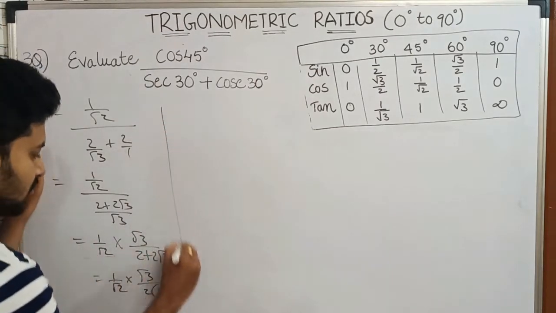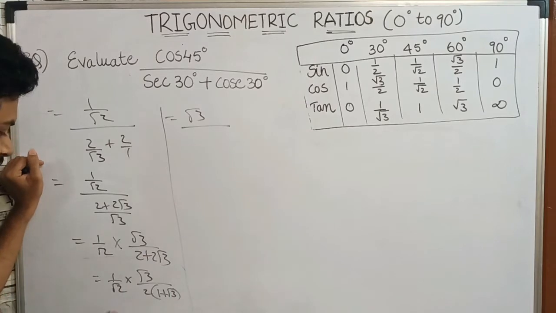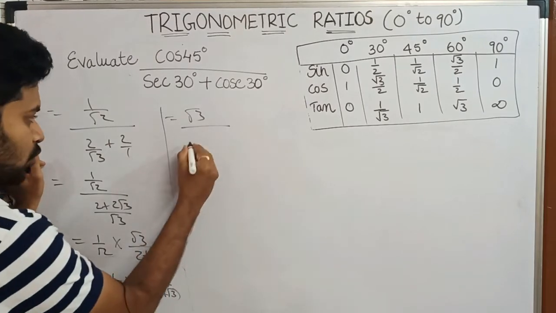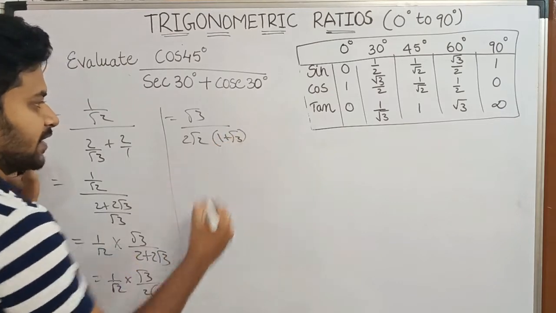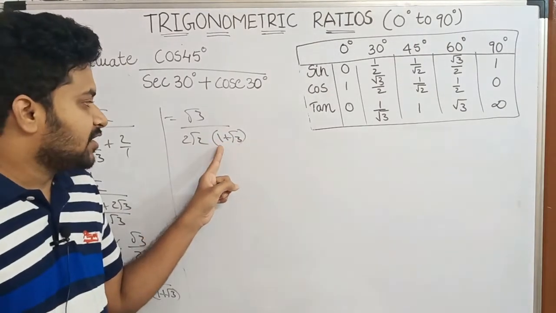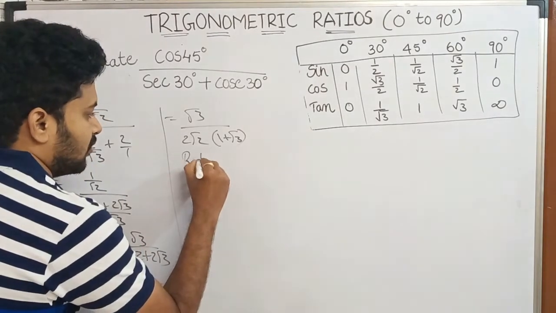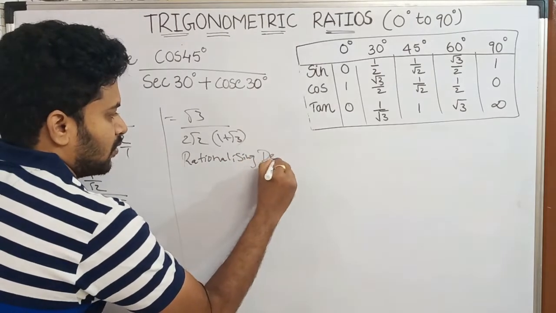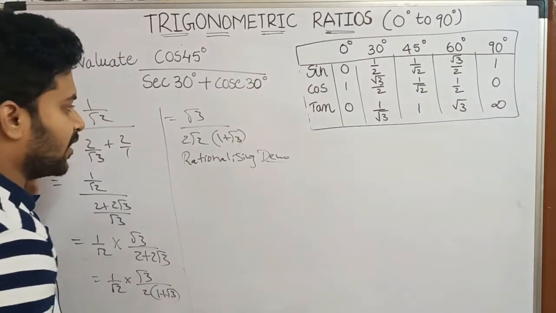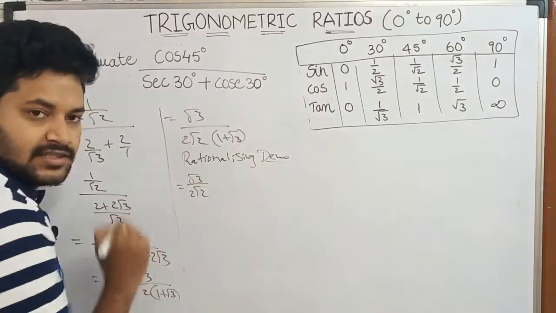Next step. In the numerator, root 3 is the same, 1 by root 3 is root 3, and 2 root 2 of 1 plus root 3. Here you should think about what is in the denominator, 1 plus root 3. Rationalizing the denominator. Rationalizing the denominator means this root 3 by 2 root 2 is the same.